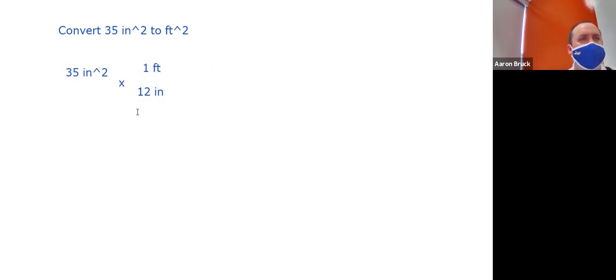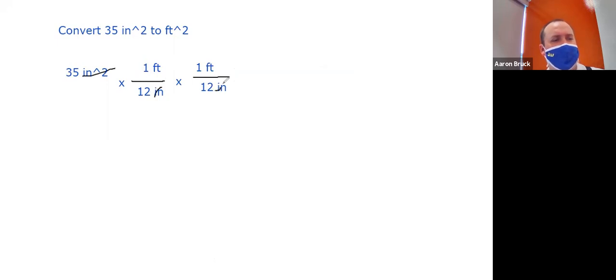We know that there are 12 inches in every foot. Now to get that to square, well, we would just have to do that operation twice. So if I did the operation twice, inches times inches is squared inches.